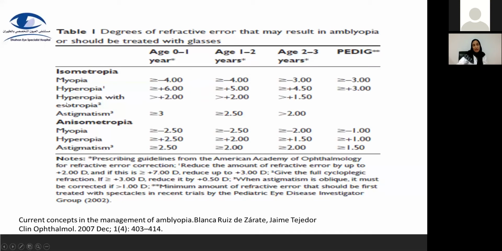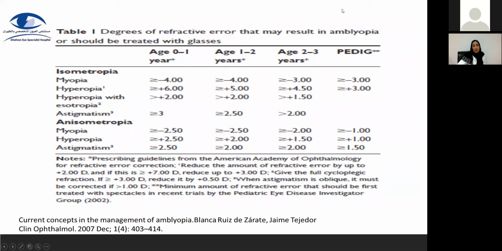In the classic teaching, when we treat any patient with esotropia, we would give the full correction. Why do they recommend reduction of the glasses in those kids who are hyperopic? Because kids who are hyperopic usually do not tolerate the full correction. So we start by reducing it by 2 diopters and then increasing it accordingly with the follow-ups and seeing the improvement of vision later on.